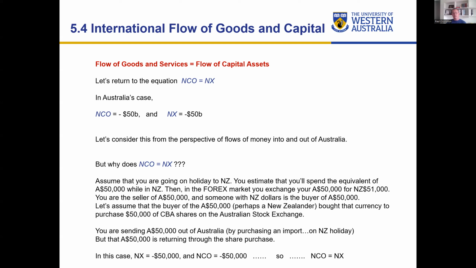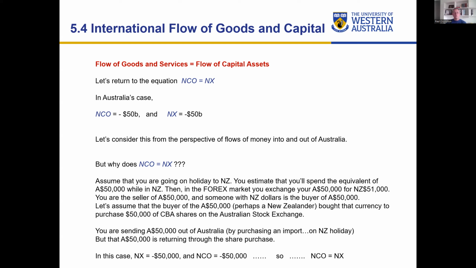There's just you buying a holiday and a foreigner buying wheat. So NCO doesn't change. So even if the New Zealander purchases Australian wheat, we'll still get that equation holding because NX won't change. So that's the sense in which this equation always holds.